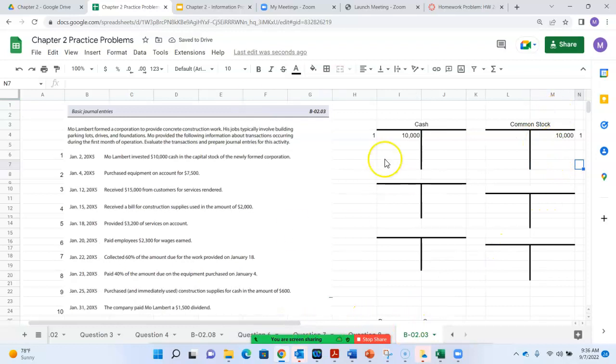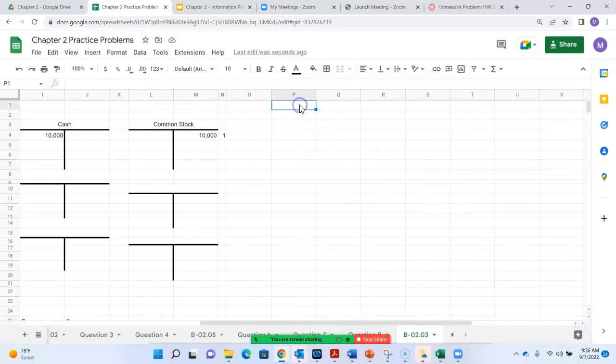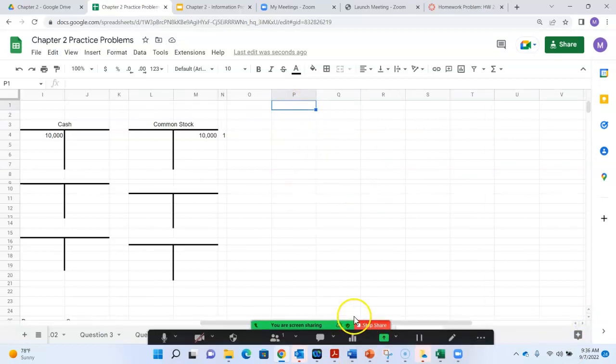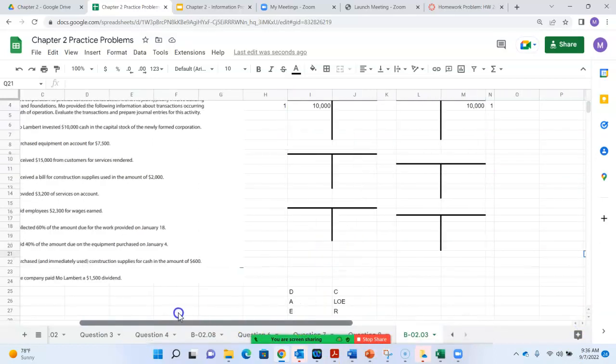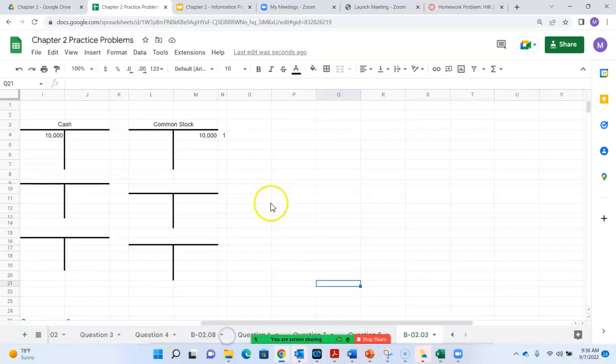Okay, so how about right away we just come over here and write the journal entry? One less thing to worry about. So, and the date that this took place, January 2nd. So we've got our journal entries. Let's tack them on over here. So we're going to debit cash. We are going to credit common stock.